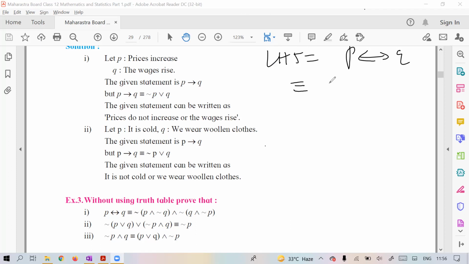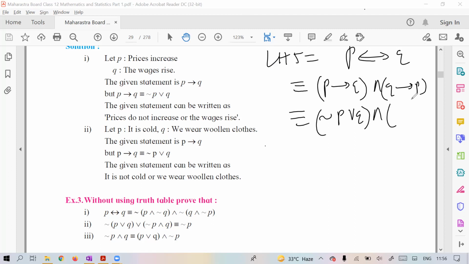So you know that P implies Q and Q implies P, right? P implies Q is equivalent to not P or Q, and Q implies P is equivalent to not Q or P. Now you have to prove this.